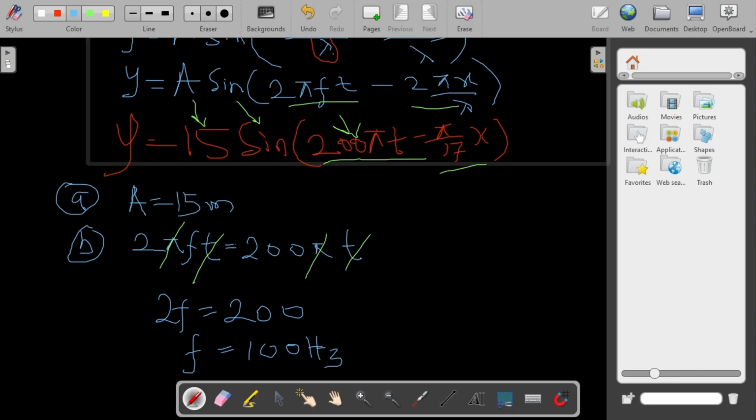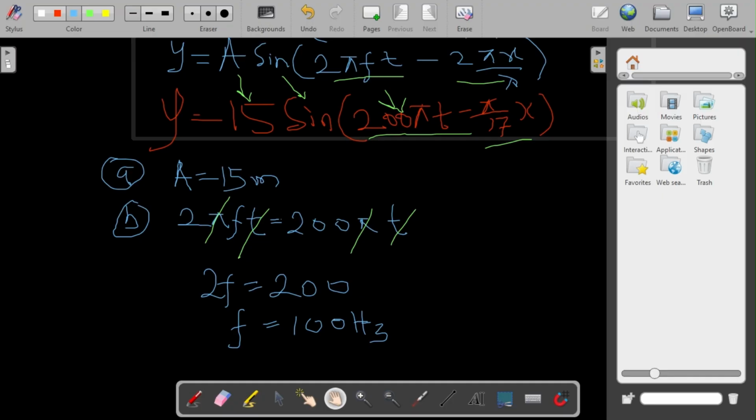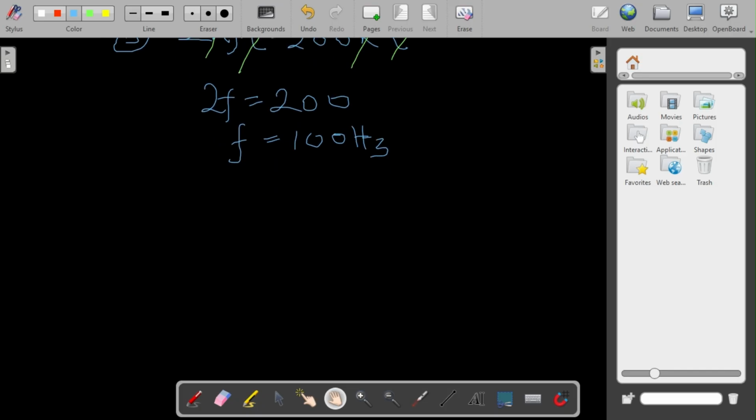So how do I get the wavelength, which is C? For me to get the wavelength, remember it is pi over 17 x. We've gotten the amplitude, which is the maximum displacement from the point of rest. We've gotten the frequency. So let's get the wavelength.